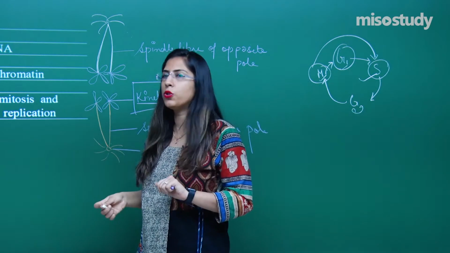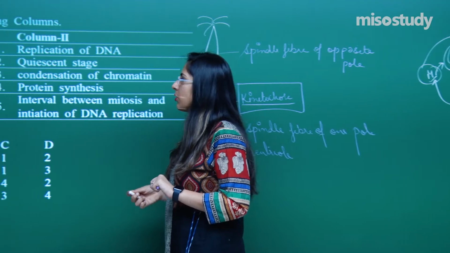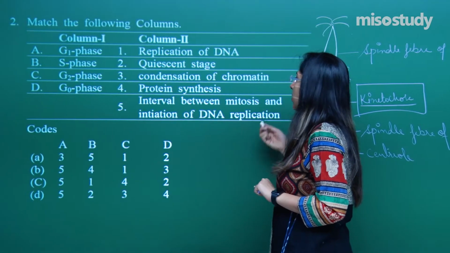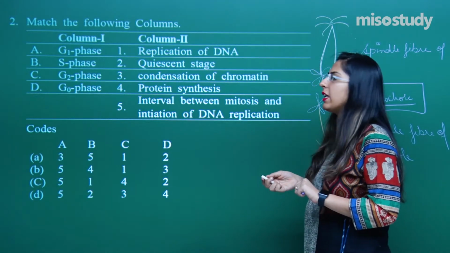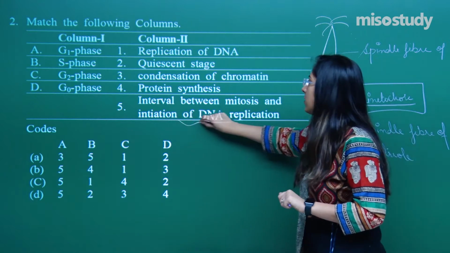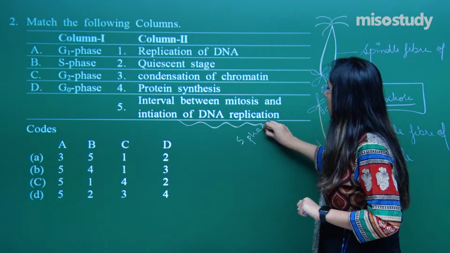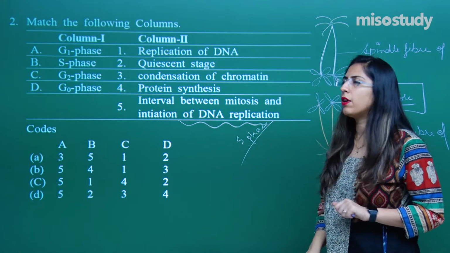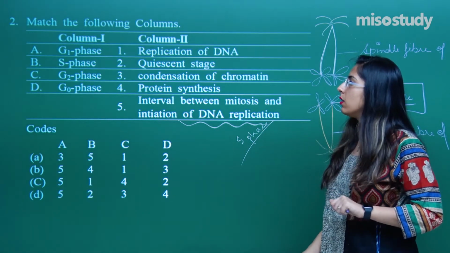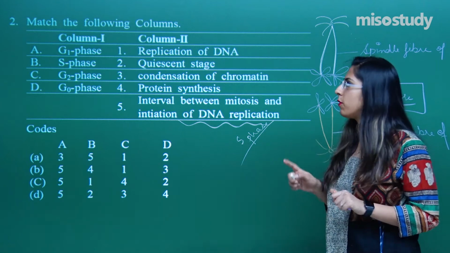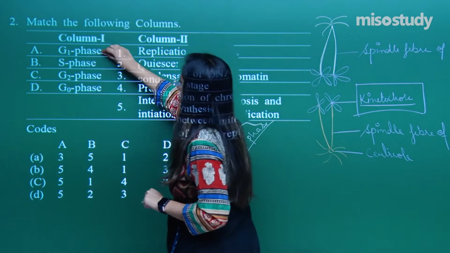Let's come back to the question again. G1 phase is an interval between mitosis and initiation of DNA replication. So the correct option in column 1 for the first one is the fifth option.